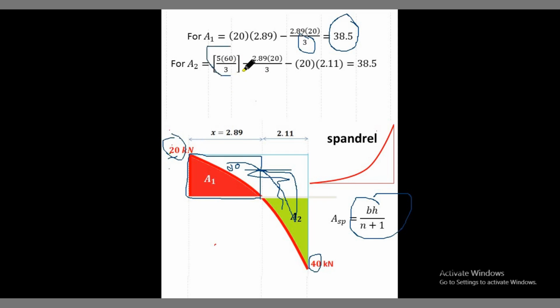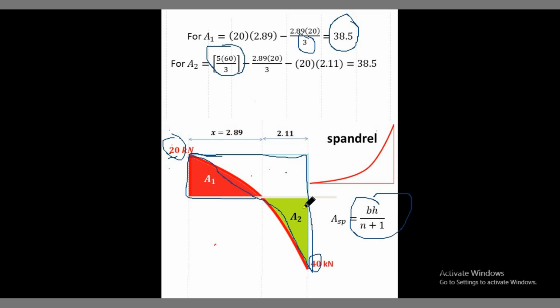Again, itong nasa loob ng bracket, that is the area of the bigger spandrel, yung kulay gray kanina na nakita ninyo dun sa diagram. Yung 5 times 60 over 3, yan yung area nitong malaking spandrel na to.